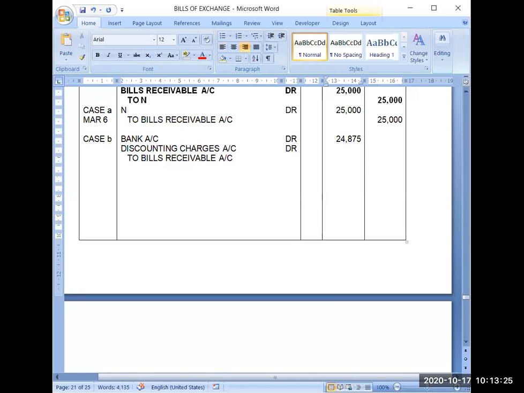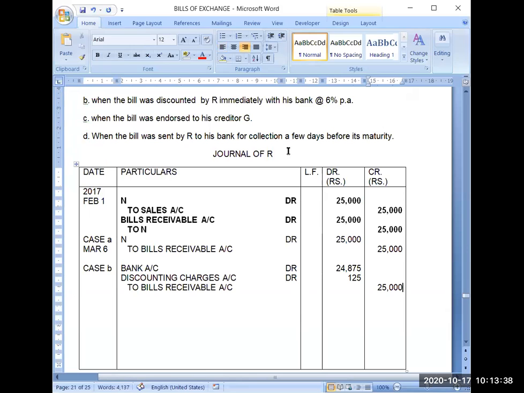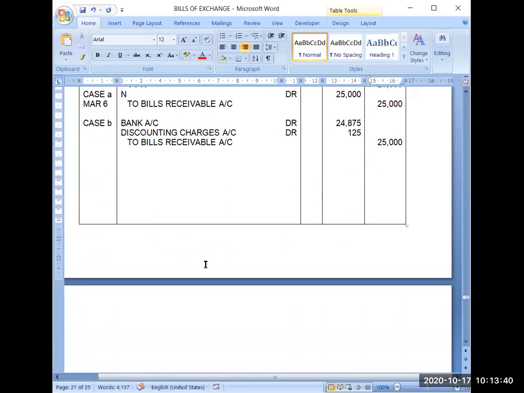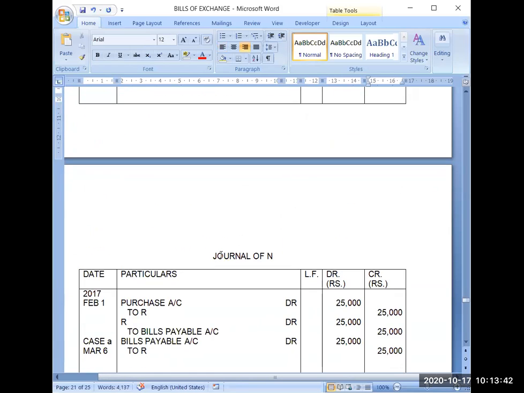Discounting charges are 125. Always give proper working notes for each and every calculation. Now when R gets the bill discounted, the transaction has been done between R and his bank. N is not involved anywhere in this transaction, so that's why he will not record this entry.